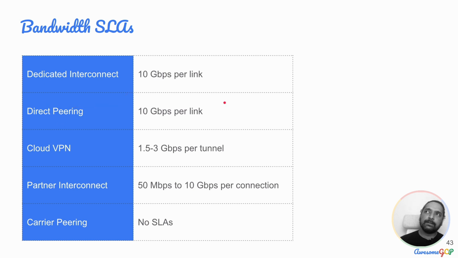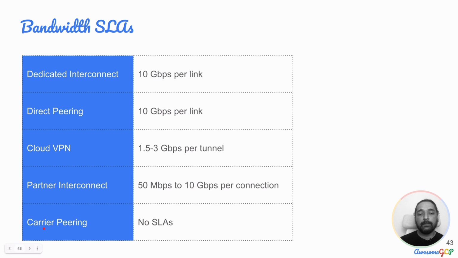This is 10 Gbps per link, and I believe you can have up to 8 links in parallel. Cloud VPN gives you about 1.5 to 3 Gbps per tunnel, and you can have multiple tunnels also. When you're working with a partner, an external ISP, obviously it is going to depend on what they offer, and the partner connection might go anywhere between 50 Mbps and 10 Gbps.